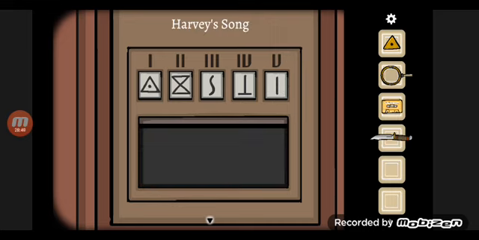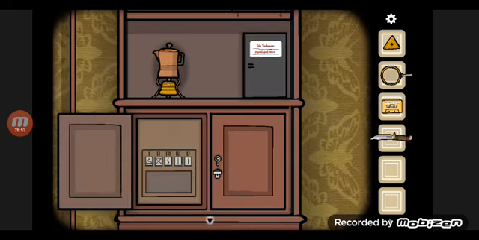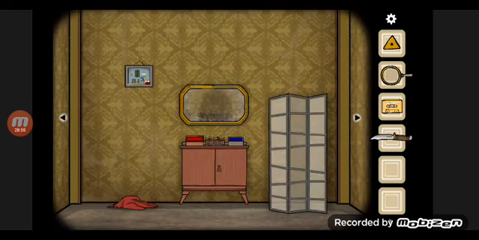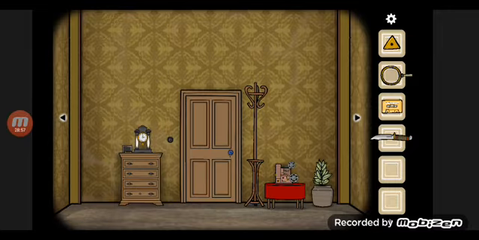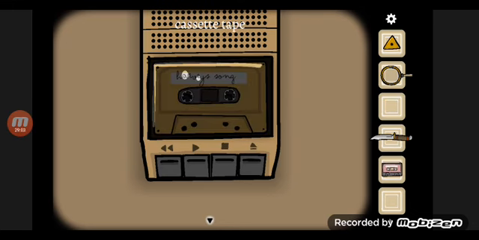And we have now the cassette Harvey's song. So let's install the cassette into the tape recorder. And start recording.